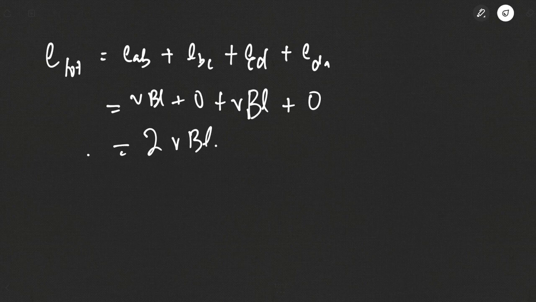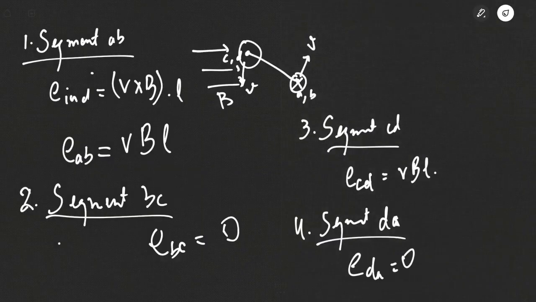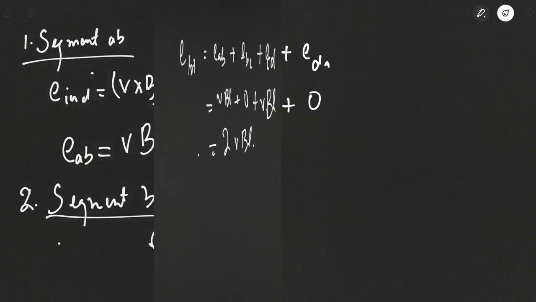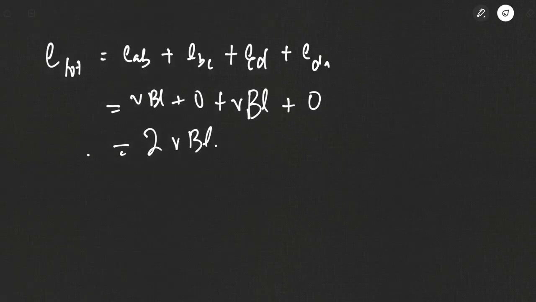Now this is true for 180 degrees of rotation. EAB can be under the influence of south pole for a period of 180 degrees, but EAB will be under the influence of north pole for another 180 degrees. When this loop is rotating, for 180 degrees the line segment AB will be under the influence of south pole. For another 180 degrees, it will be under the influence of north pole.